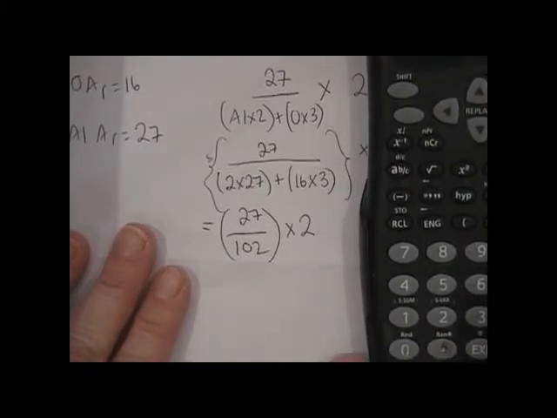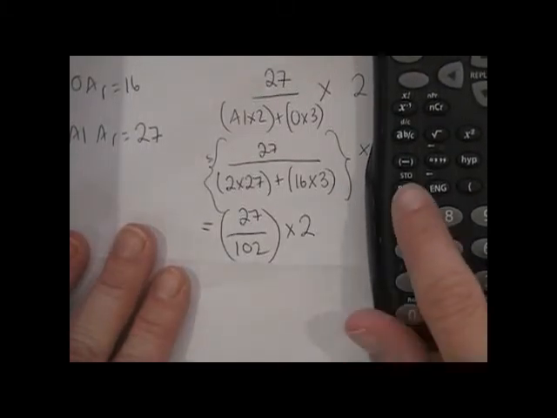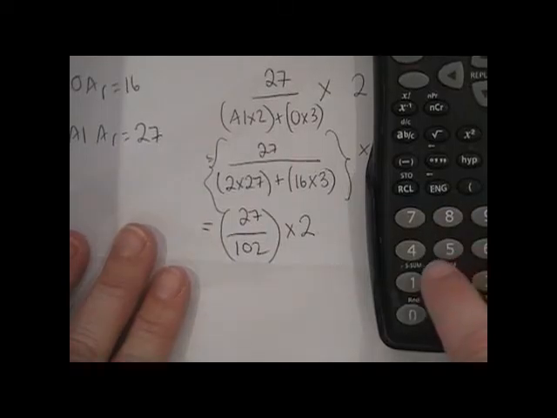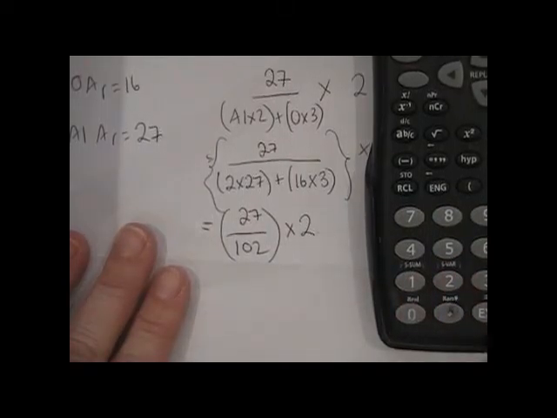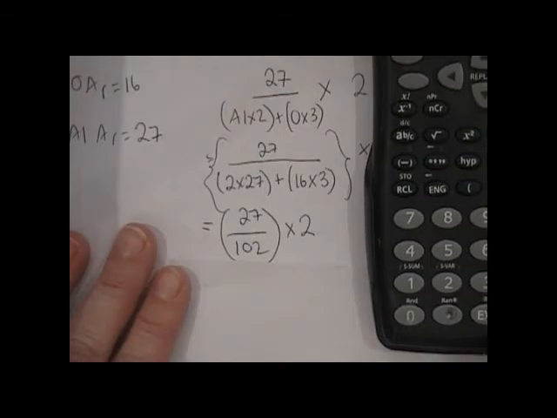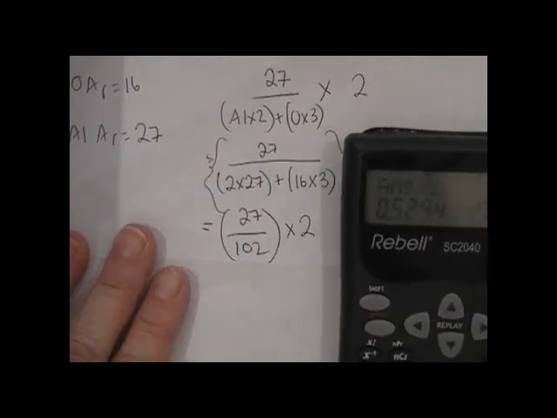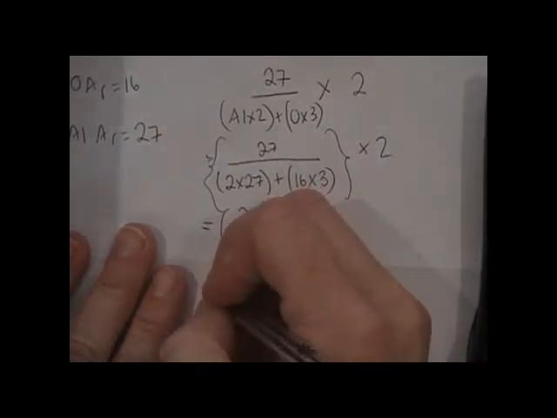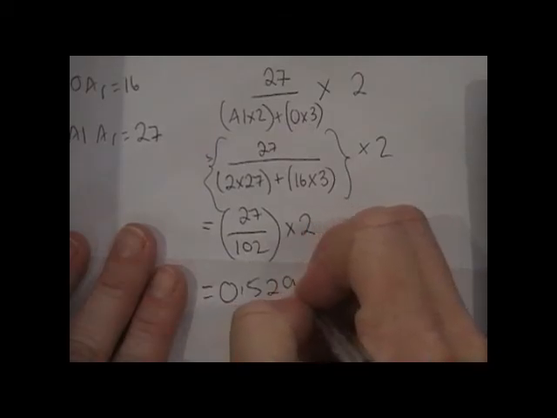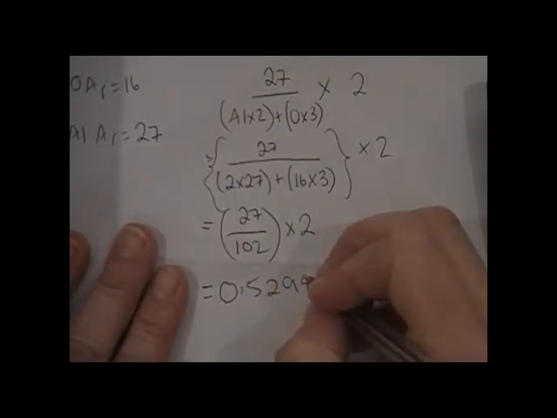I'll do it a different way: 27 divided by 102 equals, and then I times that by 2 equals, and I should be given the same answer. So that's 0.529, or 0.5294.